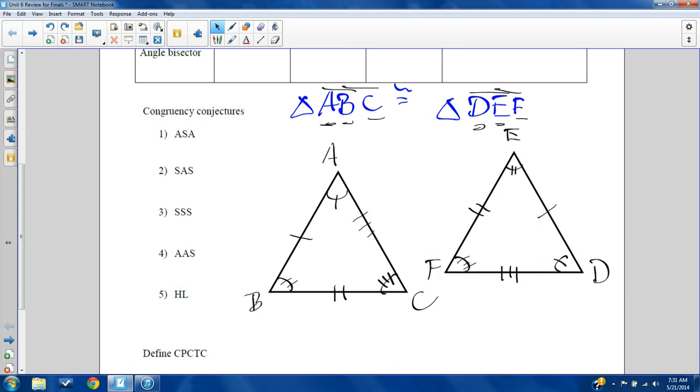And the other important part about why I just did all this is because if you have a congruency statement such as this and it's true, maybe they give you it's true or maybe you have to prove it's true, then you can make the statements that I made.